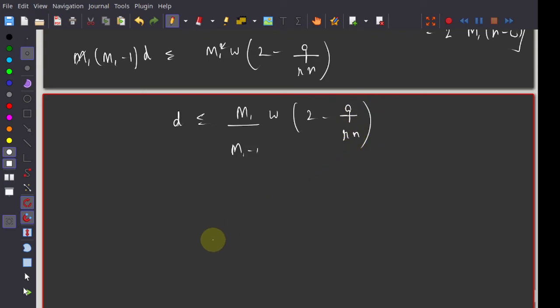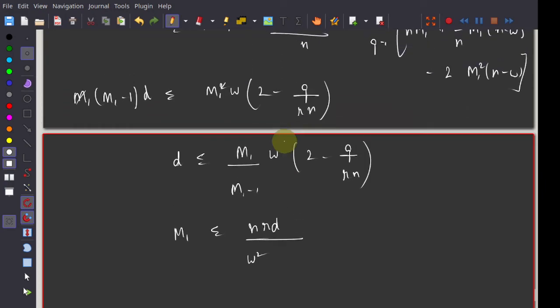So once again I get a plot. If I want to write it in terms of w, rd divided by w.